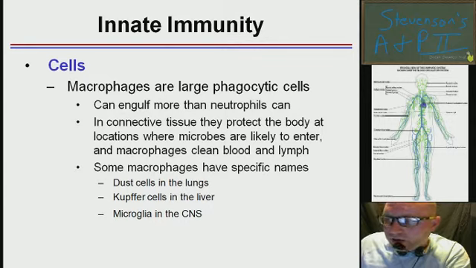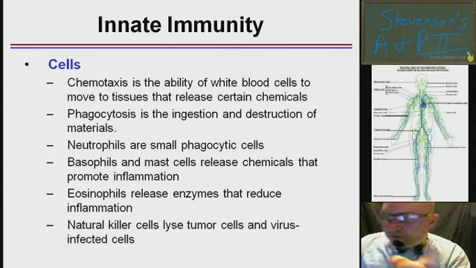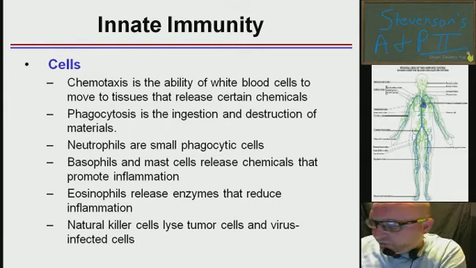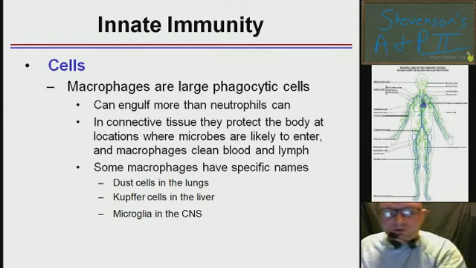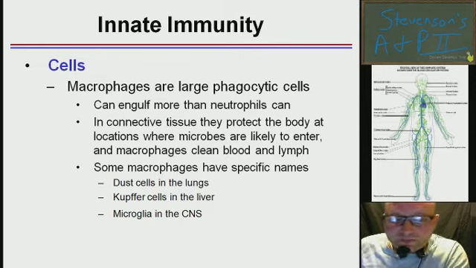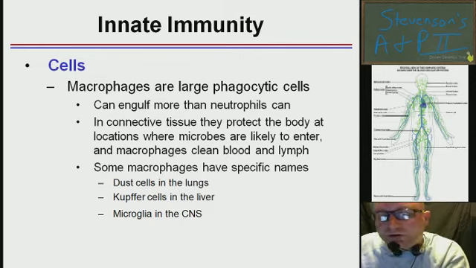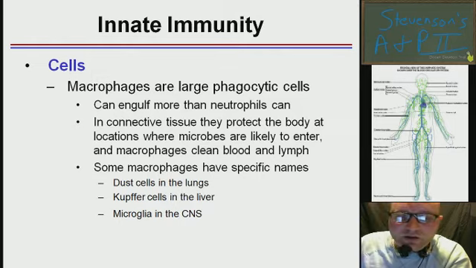Okay, macrophages. Remember, neutrophils are small phagocytic cells. Macro, or large, phagocytic cells can engulf more than neutrophils can by far. And in connective tissue, they protect the body at locations where the microbes are likely to enter.